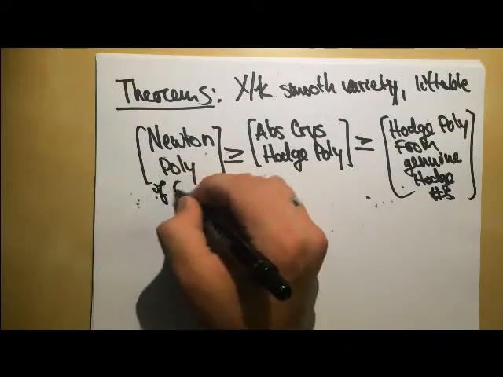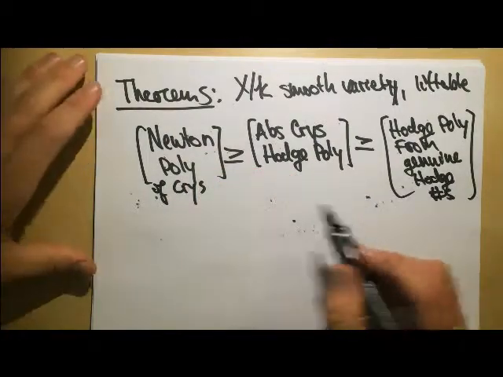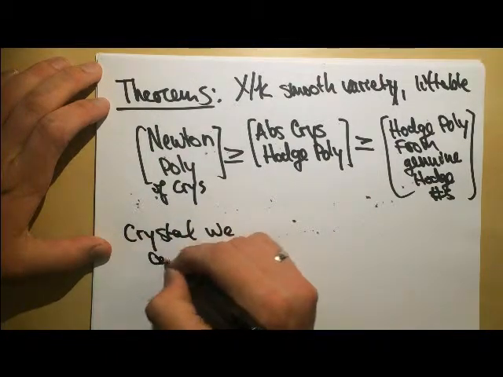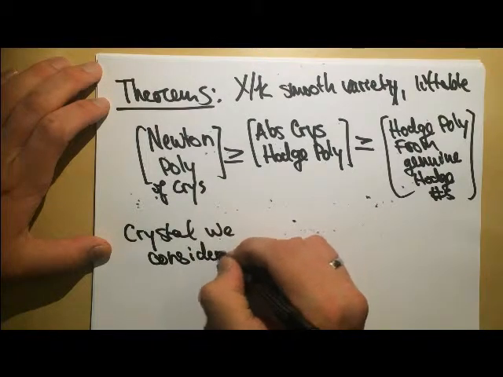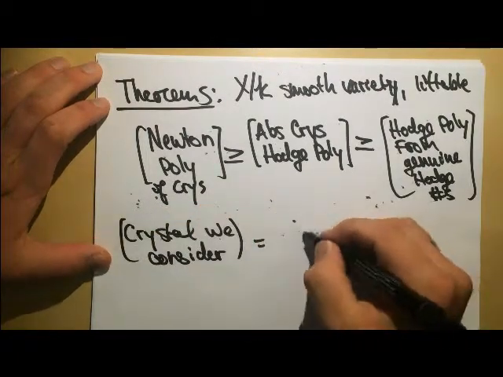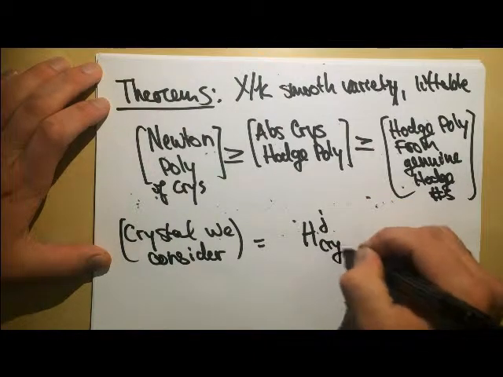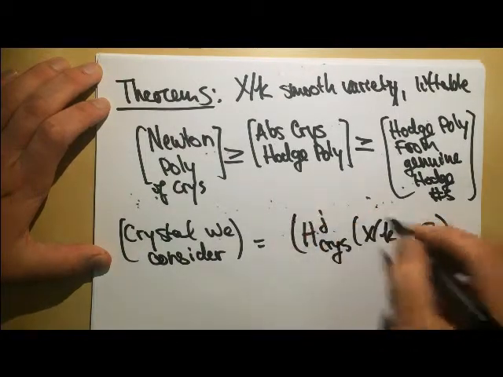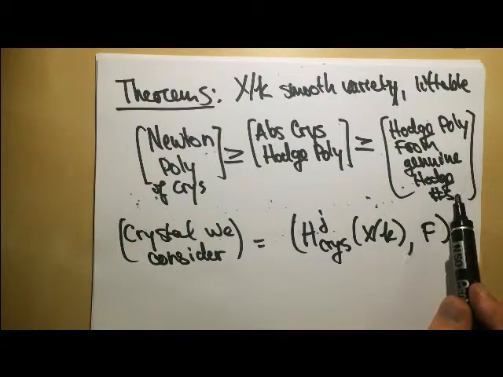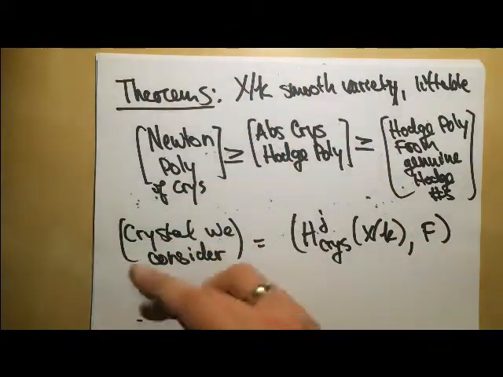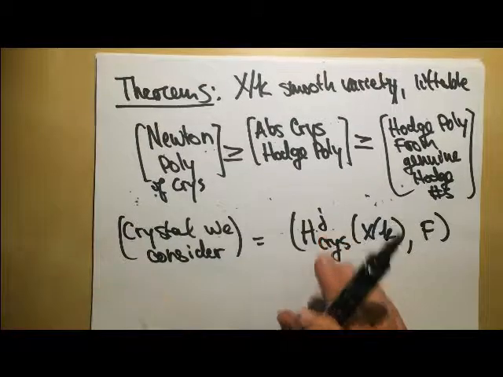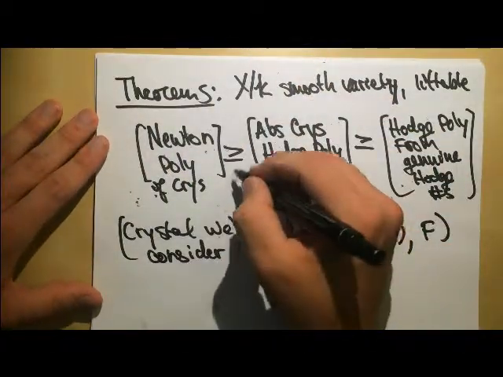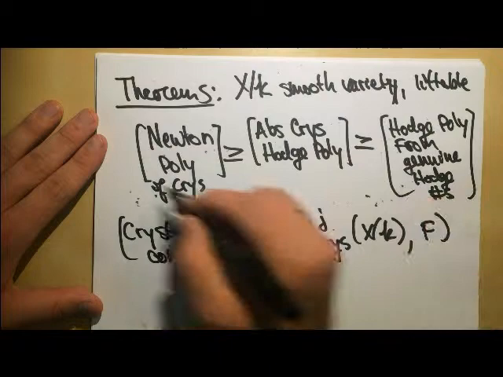This is the Newton polygon of the crystal, and the crystal that we consider in this statement is this one: we fix some j, and we take the crystalline cohomology of X over k with the Frobenius that acts on it. Okay, so this is the thing that we have. There are kind of two parts. There's this part, and then there's this part.